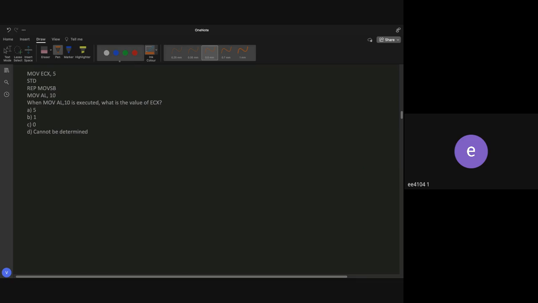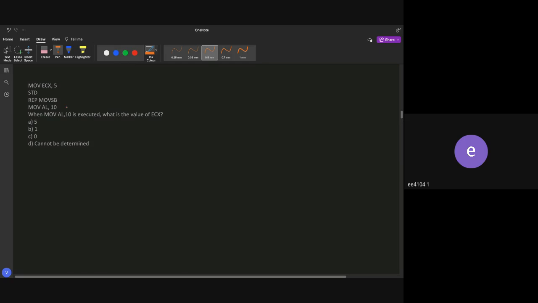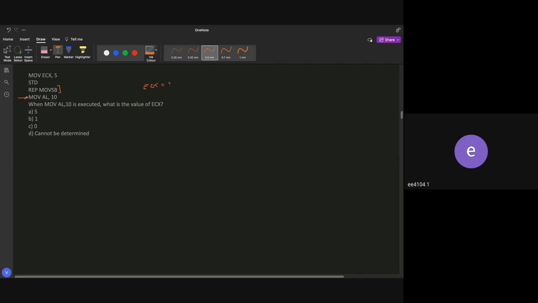Okay, let's try to solve this. This is similar to the first question which was there in the practice assignment. So we already know that if we reach this last line of the instructions, that means we are already exiting this loop, right? That means that ECX is equal to 0.